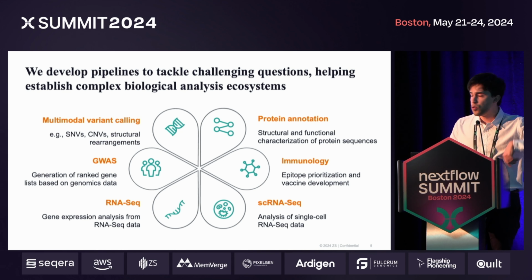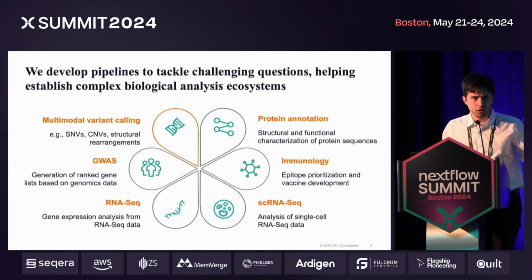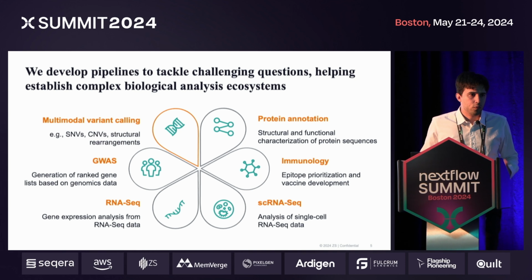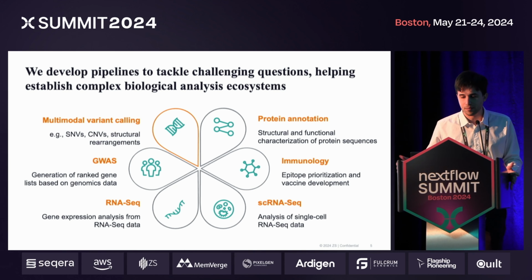And just to mention a few, and a bit of the trends that we see in the industry, we can talk about multimodal variant calling. Genomics workflows, like variant calling, are very common among bioinformaticians. There are many workflows out there that follow the best practices. However, for large pharma, it is still important to have a pipeline.